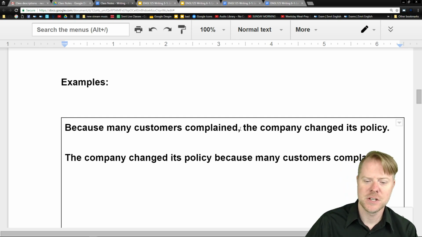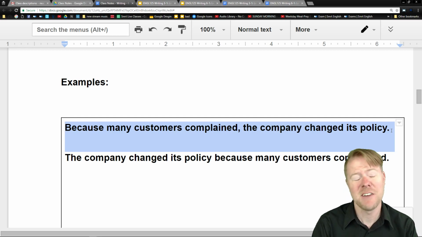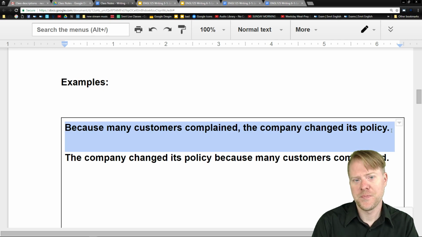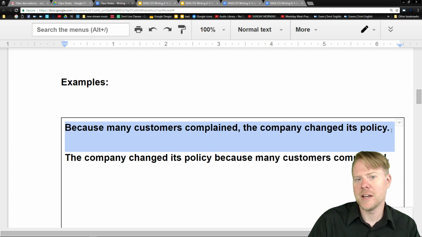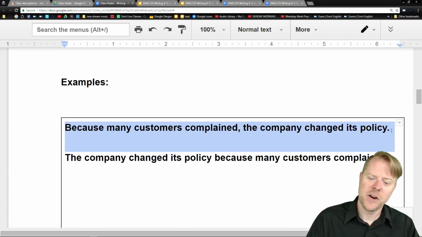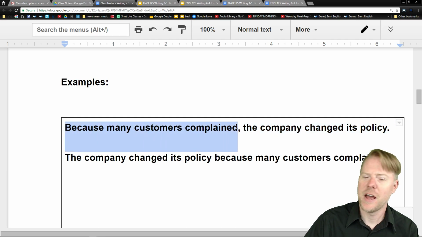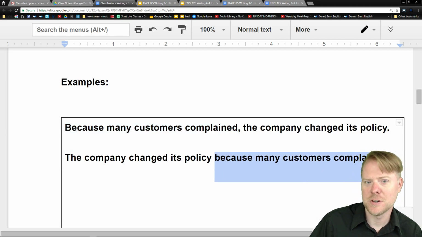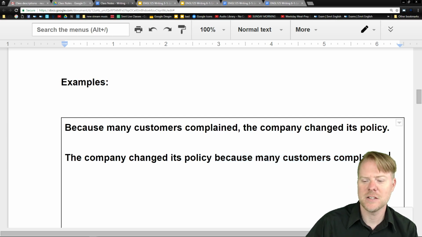If you find yourself using a lot of sentences that have a dependent clause and independent clause, you might want to switch them, especially if they're in sentences that follow each other, to give variation. There is no right or wrong. Some people say if you start with the dependent clause, you're emphasizing the dependent clause. Some people say if you end with the dependent clause, then you're emphasizing the dependent clause because that's the last thing your reader will read.